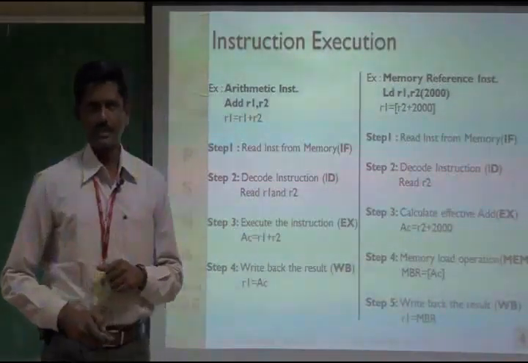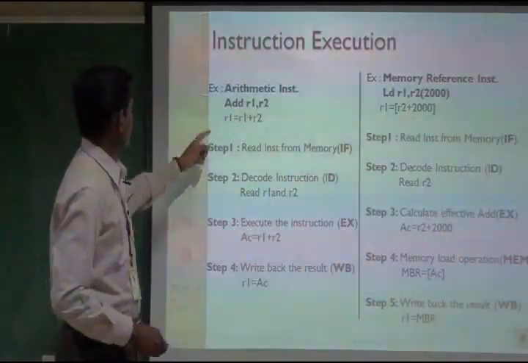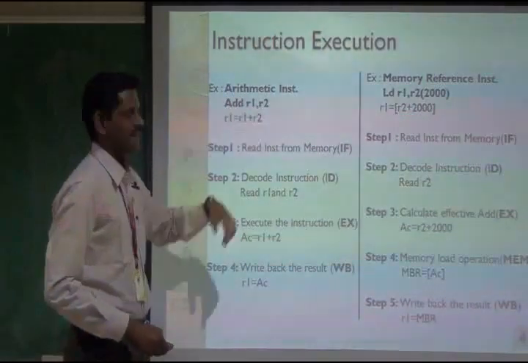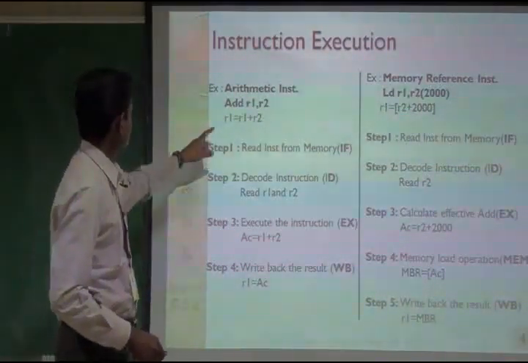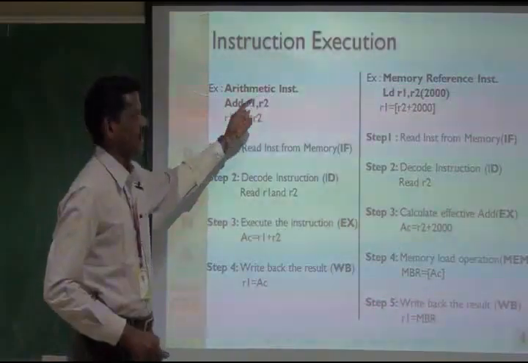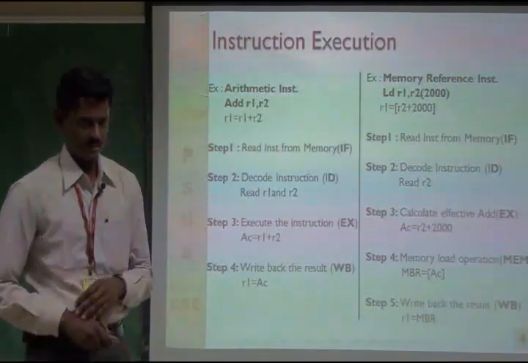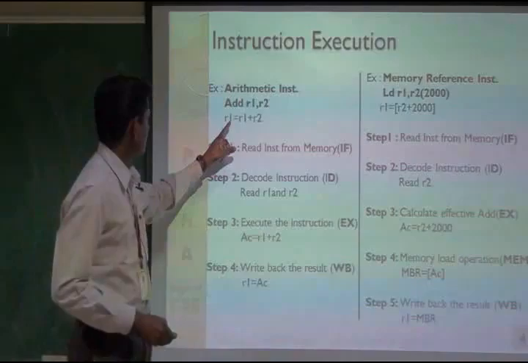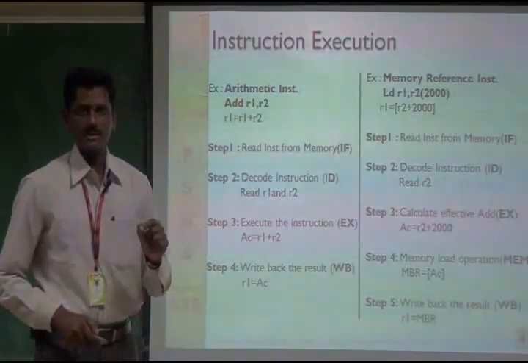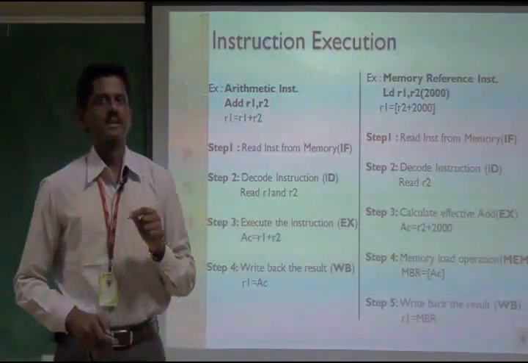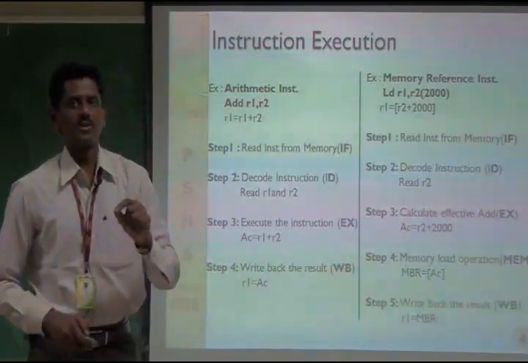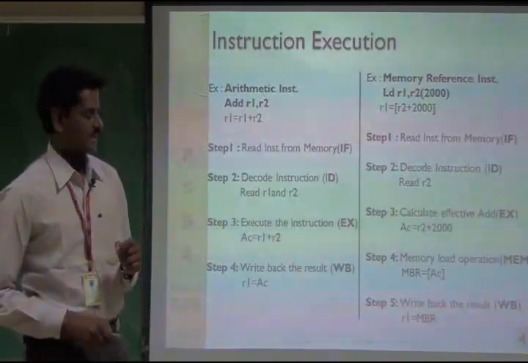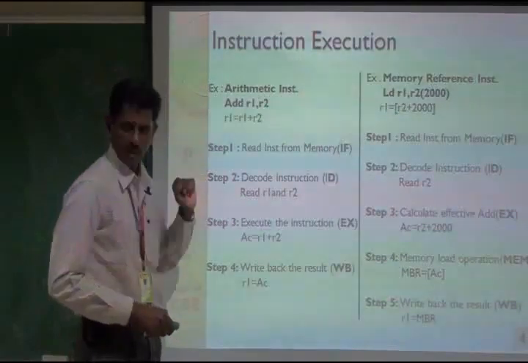An example for instruction execution: execution of an arithmetic instruction. See, add R1 comma R2, an arithmetic instruction. The actual operation is R1 equal to R1 plus R2. So here the source operands are R1 and R2, and the destination is again R1.